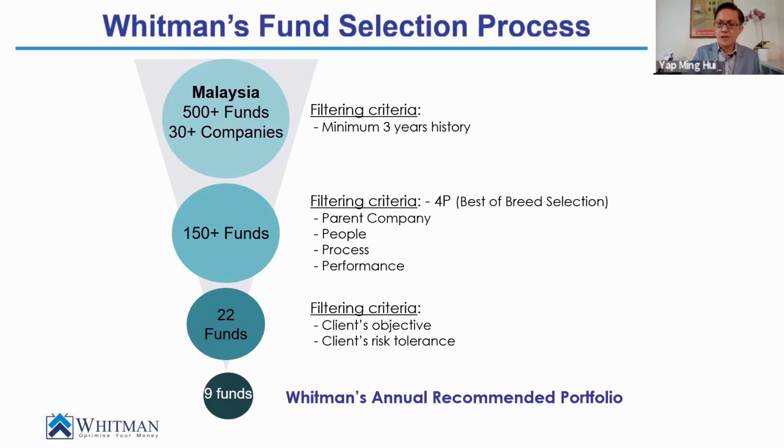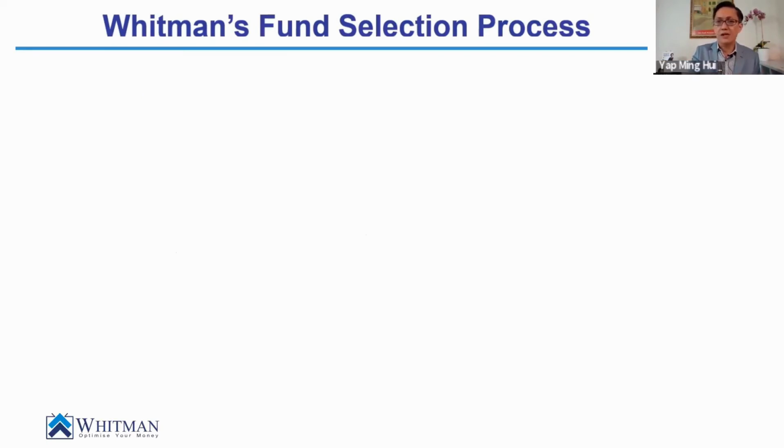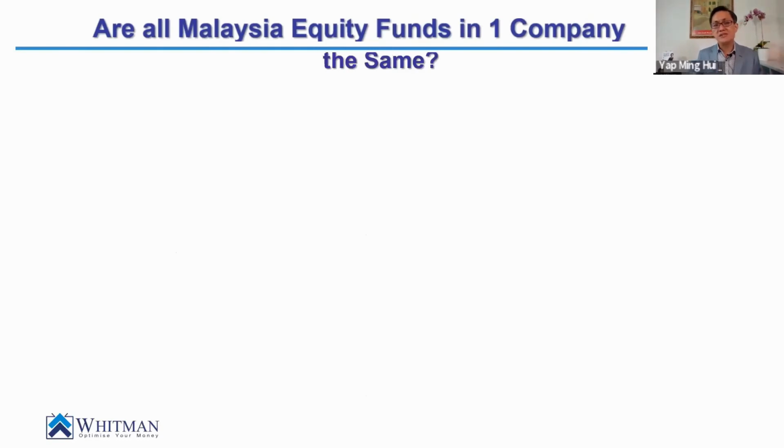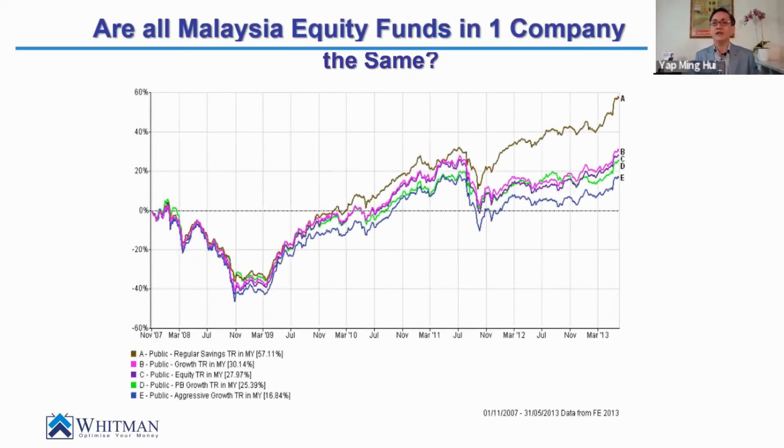So, to further explain what a best of breed fund is, let me share with you. You can see here, these are the Malaysia equity funds in one company. And as you can already see, even though they are all Malaysia equity funds, the performances are not the same.